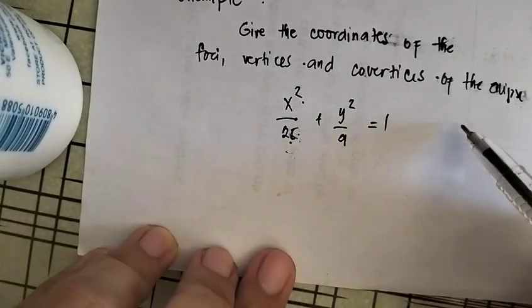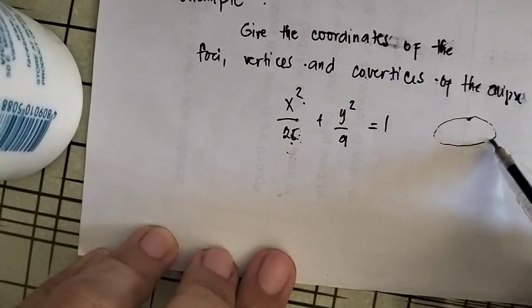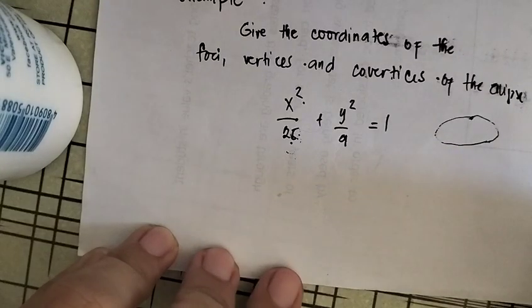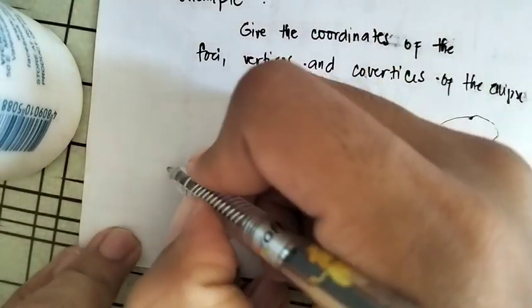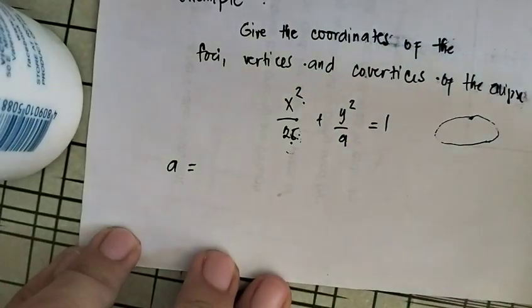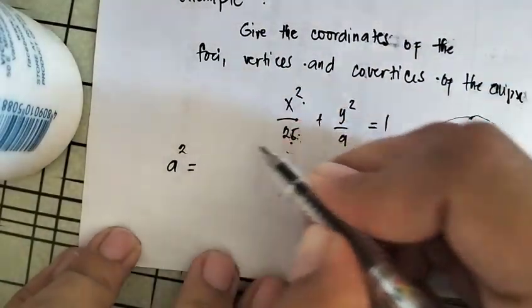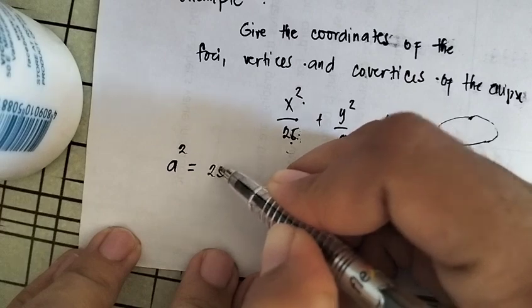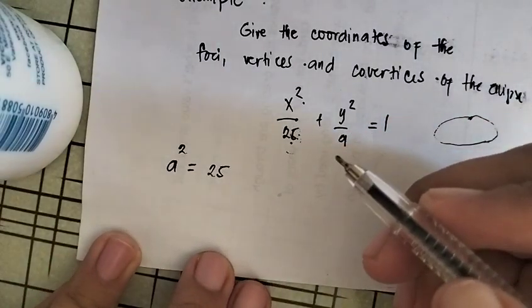So, the ellipse is a horizontal ellipse. Okay? So, what is a? A squared is 25.